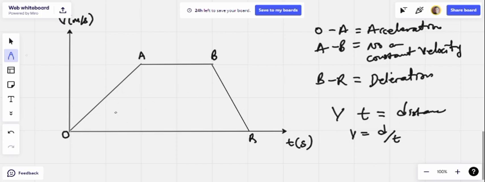So the area formed by this graph represents the total distance covered by the body.